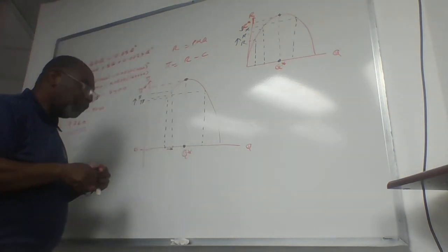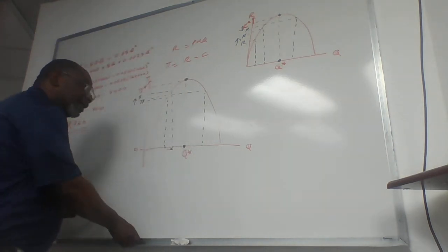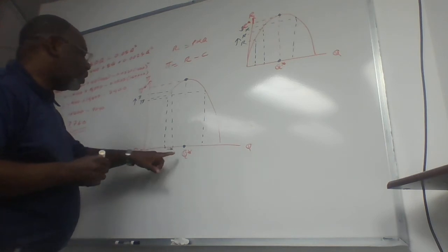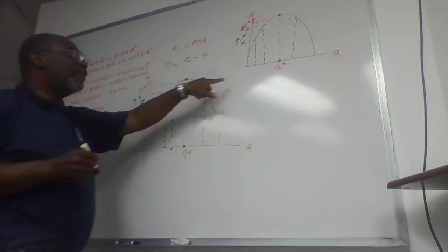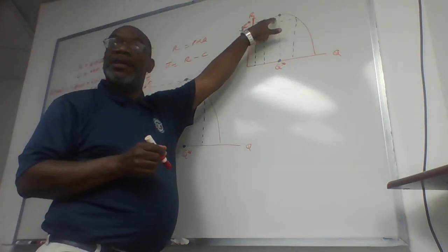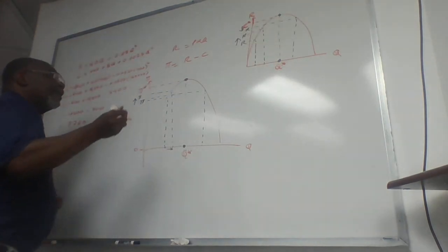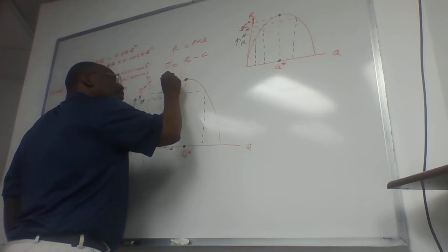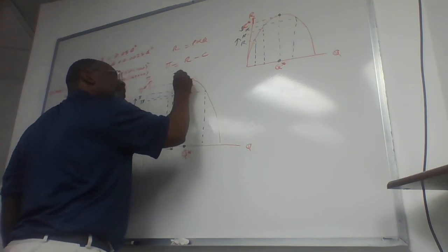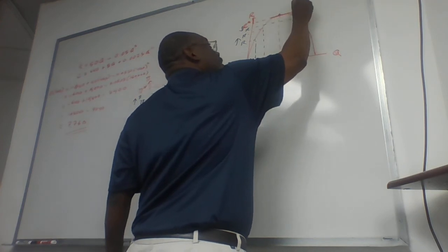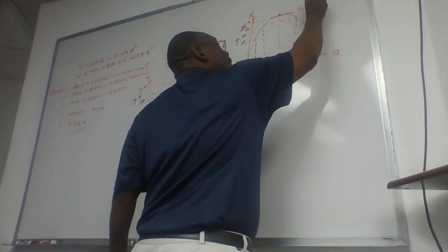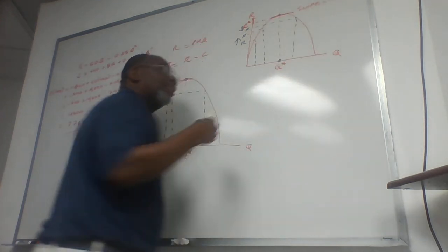So there are two things we know mathematically. We know this quantity is associated with the top of this curve, with the peak. At the top of this peak, we draw a line, what we call a slope. This is where the slope is equal to 0. It's flat.